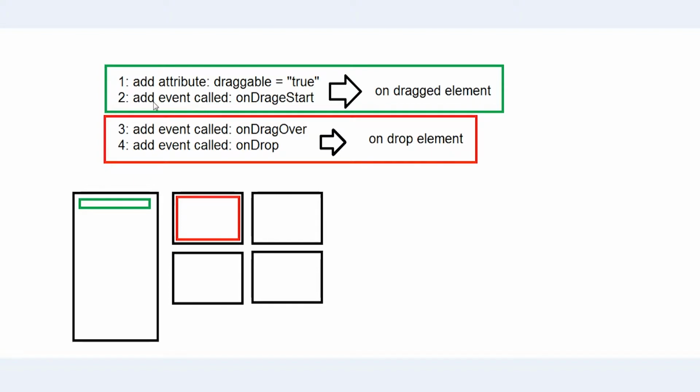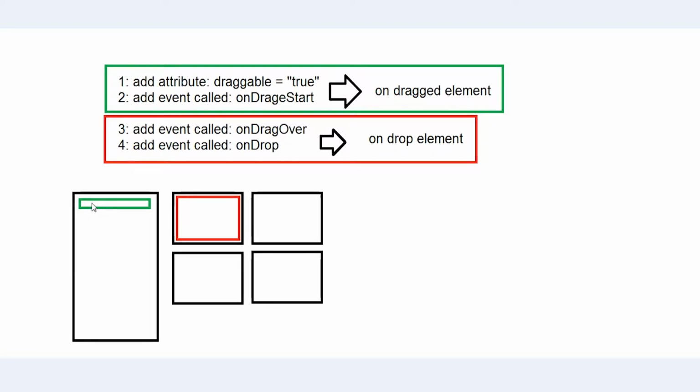The second thing we need to do is to add an event called onDragStart. So we have the element over here that we are going to add. Again, this element should be draggable true, and we need to add an event listener called onDragStart. Now there are 2 things that we need to do on the dropping element. The first is to add onDragOver.